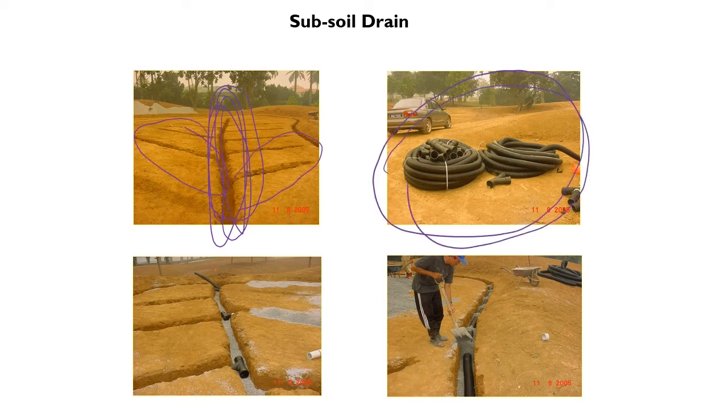Dan dekat sini ada pipe yang kita nak masukkan for the drainage. Then kita akan letakkan layer of gravel dulu below before kita lay down the drainage pipe, and then the gravel will be poured dekat belah atas our pipe tu untuk menutup dia, to protect it actually.